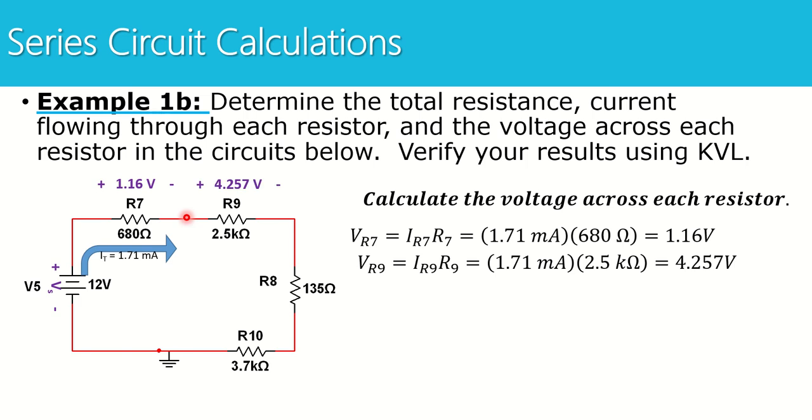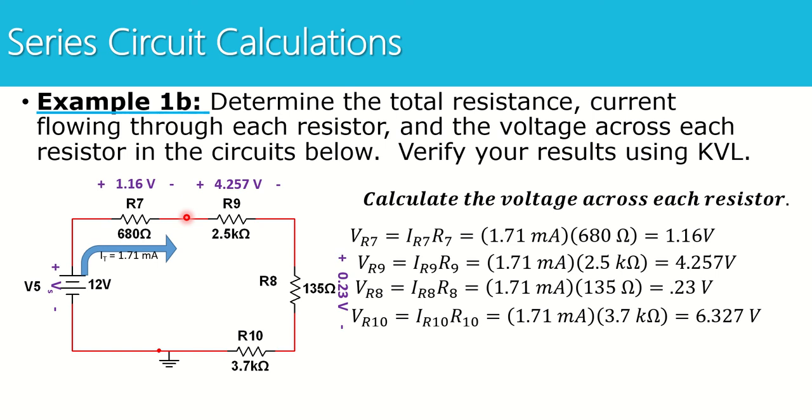There's R9. Here's R8. And here's R10. Again, I'm just applying Ohm's law. I'm saying that the current through each resistor times its resistance will give me its voltage drop. And once I have each voltage drop, I'm adding it to my diagram with a label.